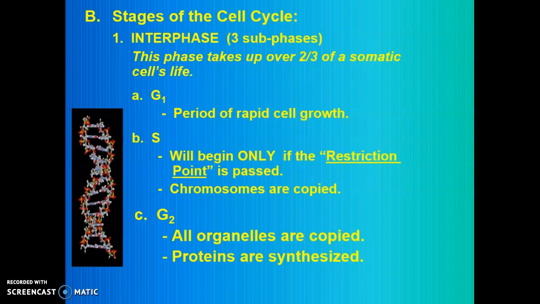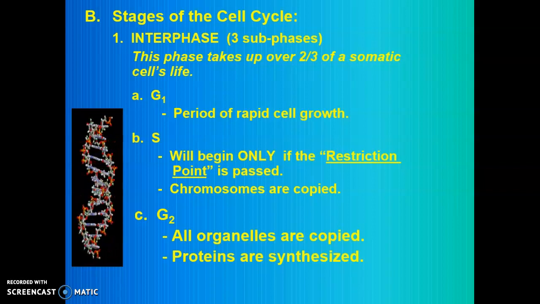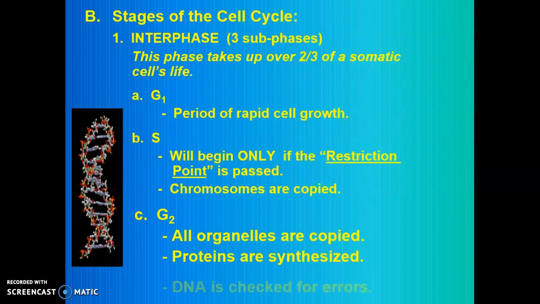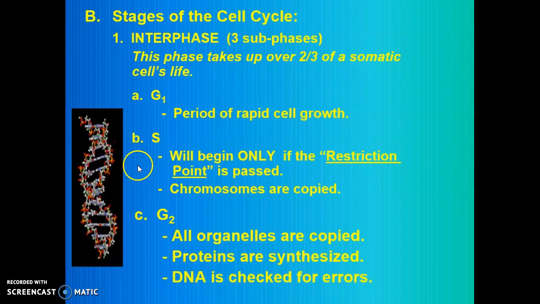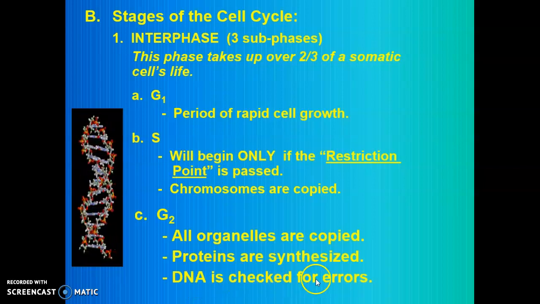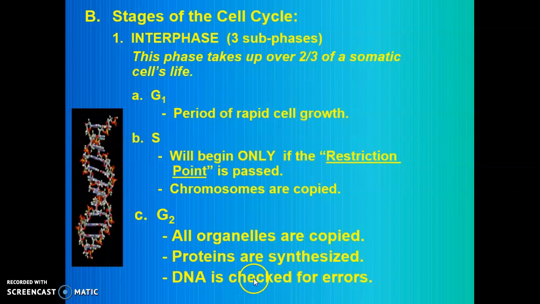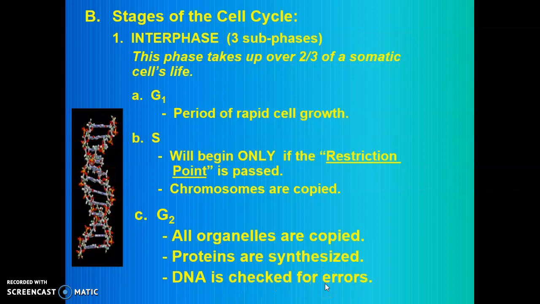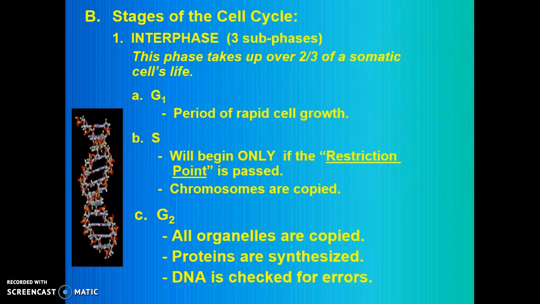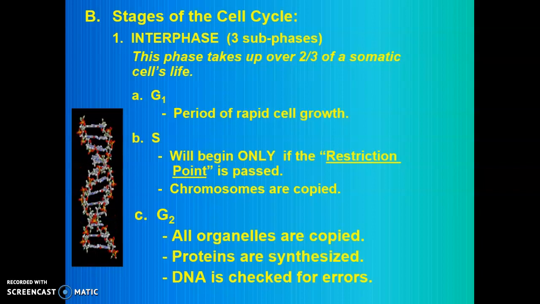And finally, before it enters division, the last and probably the most important thing that's done is all the DNA that was copied during the S phase now needs to be proofread or checked for errors. If an error is found, a mutation, it'll be fixed before this cell can enter division.